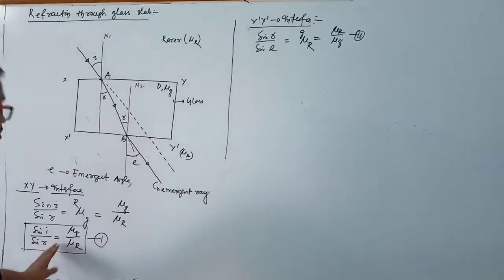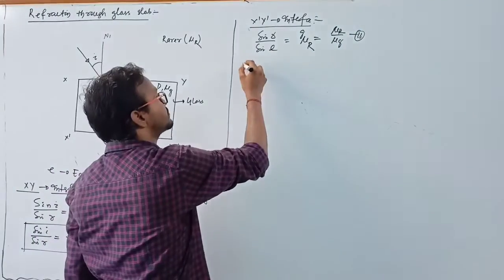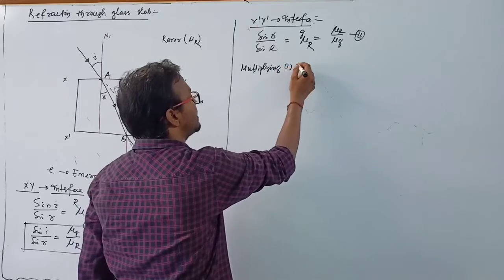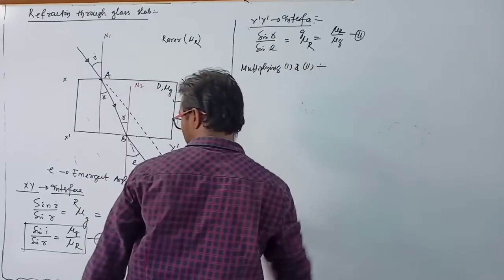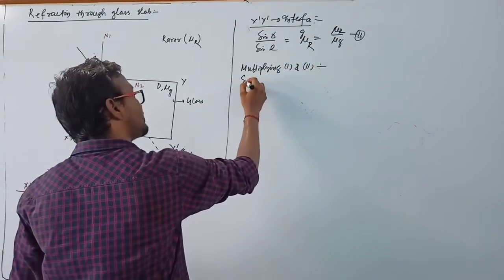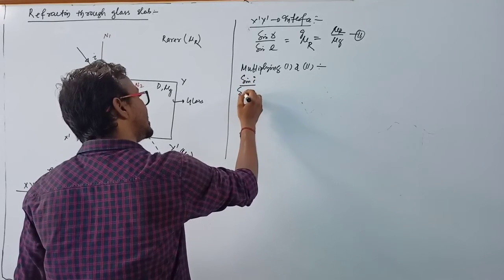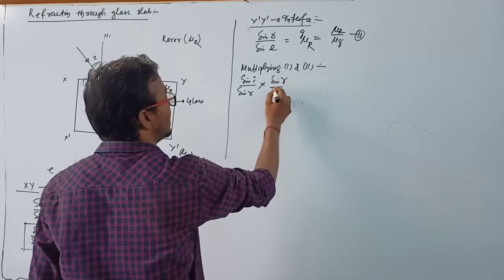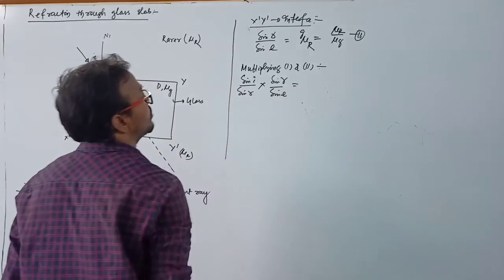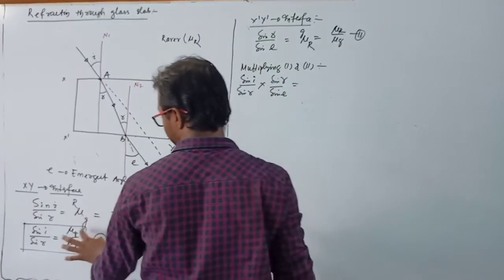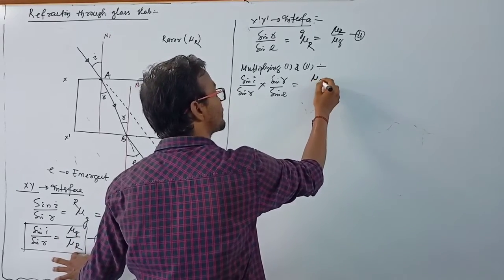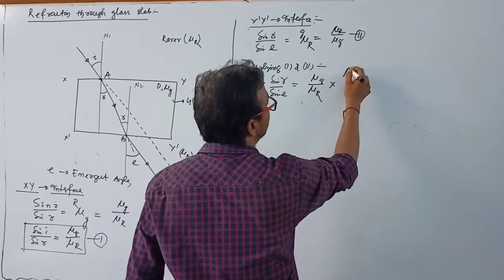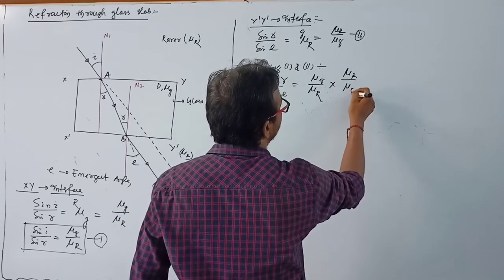Now multiplying equation 1 and equation 2, we can write: equation 1, sin i divided by sin r, into equation 2, sin r divided by sin e, equals mu g by mu r into mu r by mu g.